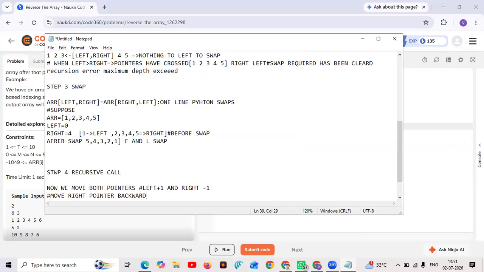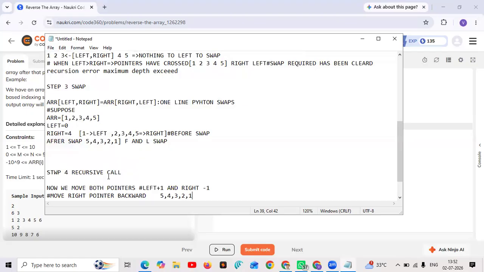Just understand this, this is the crucial part. We have 5 comma 4 comma 3 comma 2 comma 1. First, the first and last elements get swapped, so we have our array like this.